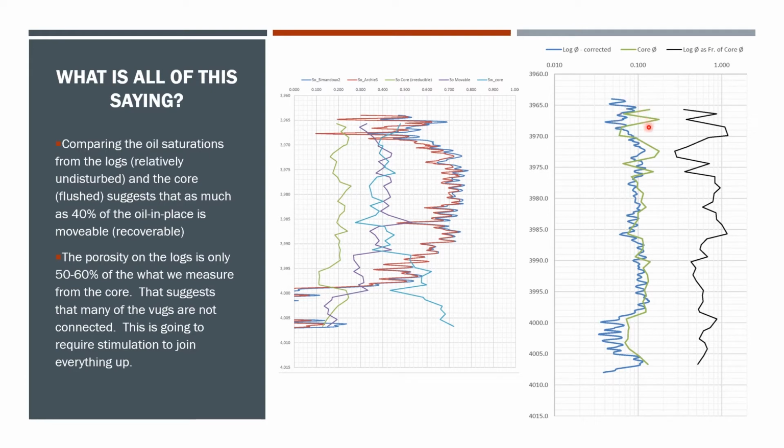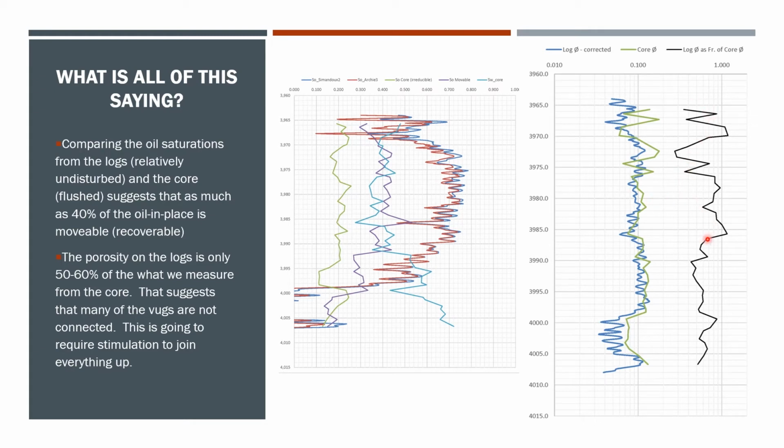The core porosity, which is the green curve here, is after it's been dried and cleaned up so that we can force a foreign fluid through it and measure the volume of fluid that stays behind in the core after we fully saturate it again.